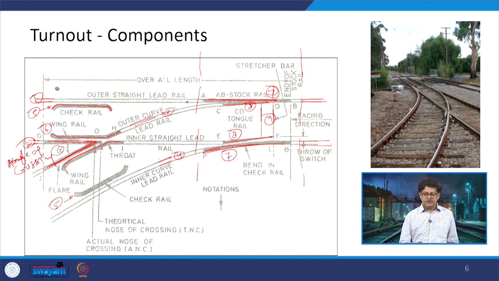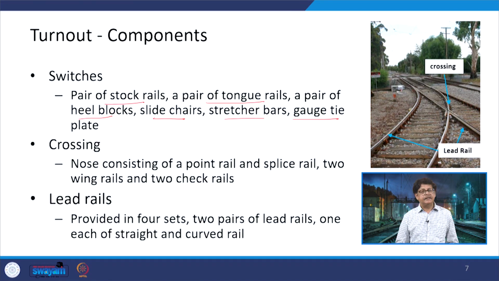Now, in this switch we have these tongue rails. So, one pair of tongue rails is there, one pair of stock rails is being provided, stretcher bars are provided. Then the heel blocks are also provided, which will be available at this location between the stock rail and the tongue rail. So, these are various components which will be there in the form of a total switch.